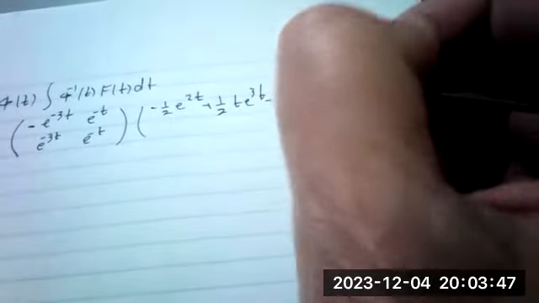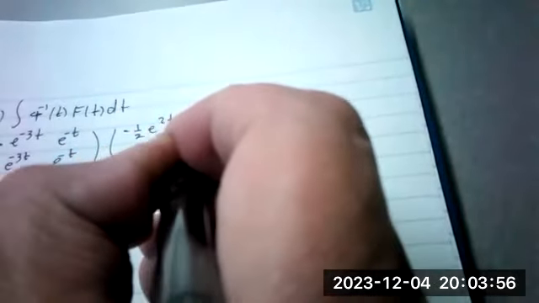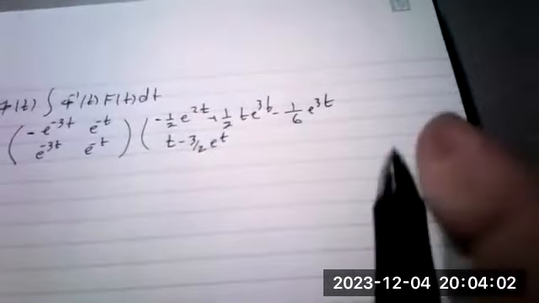You have it yourself, you can get it. That's the first part, and the second part is t minus 3/2 of e to the t, and 3/2 of t e to the t.